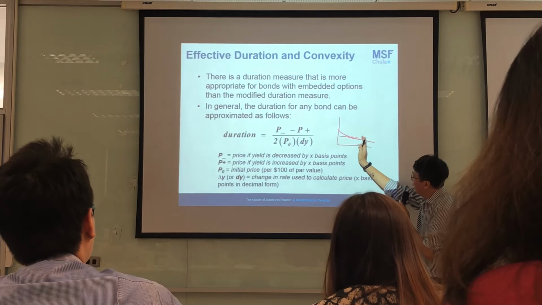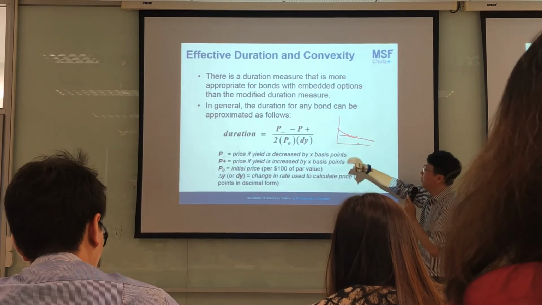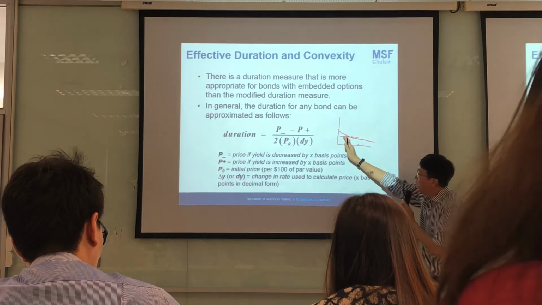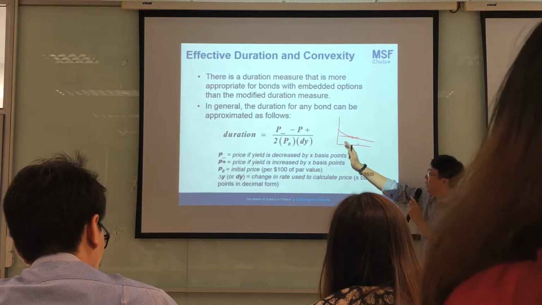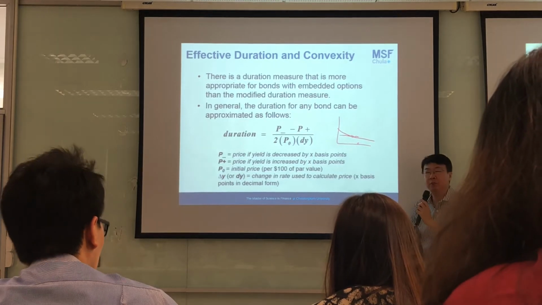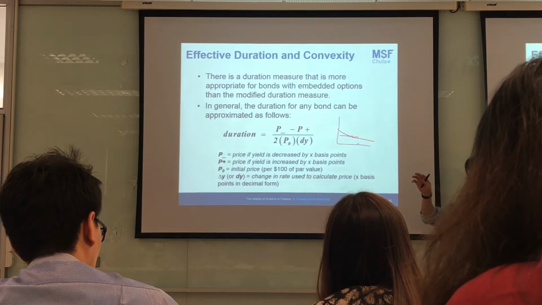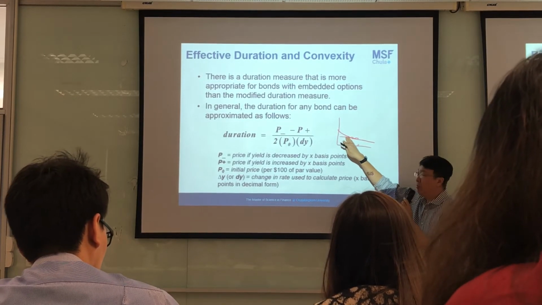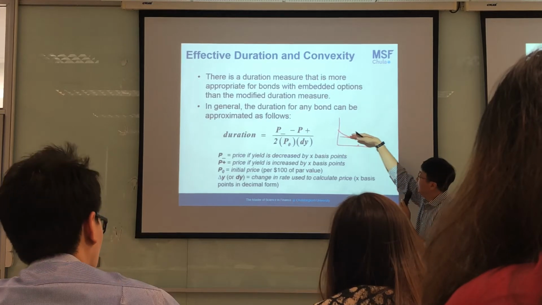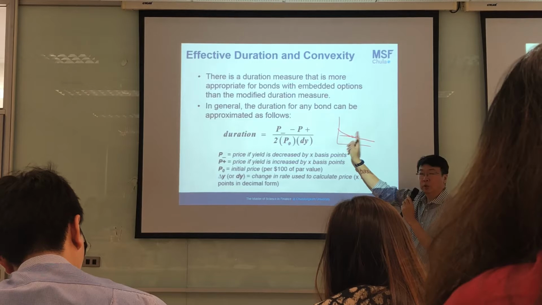And also when the yield decreases, the bond price increases. However, for the callable bond, when the yield decreases lower than the current coupon rate, that would increase the chance for the bond issuer to redeem the bond. And the bond price for the callable bond may not follow the option-free bond price yield relationship, and this would converge to the call price.